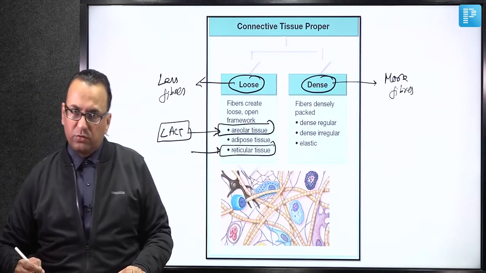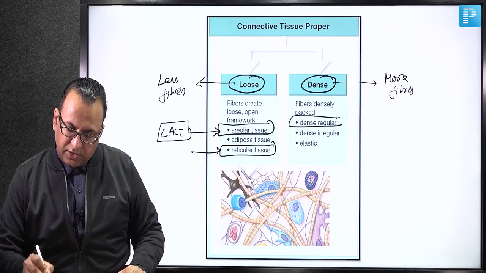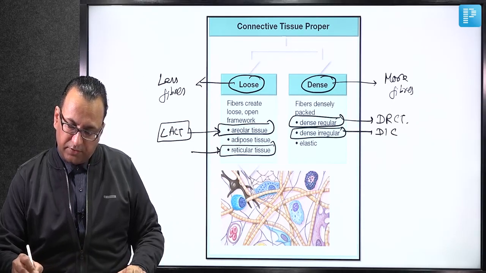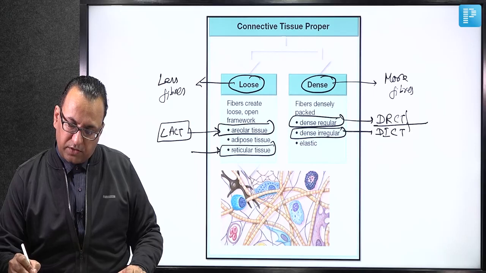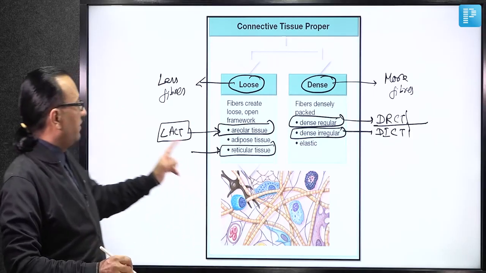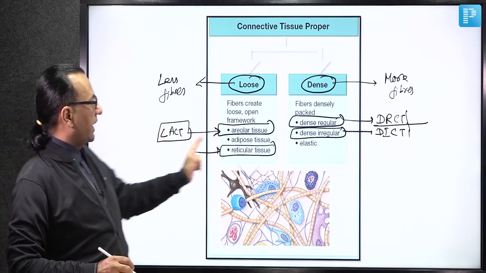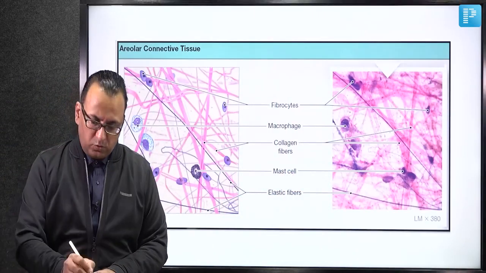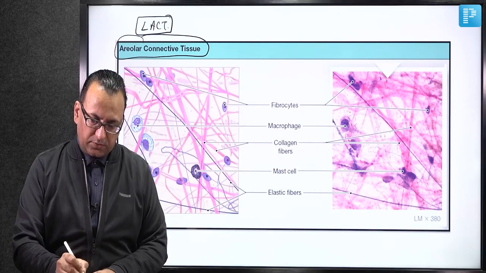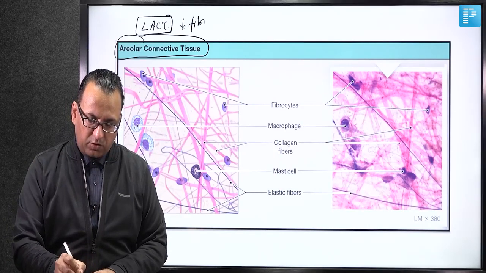There you can remember two: dense regular connective tissue and dense irregular connective tissue. Now let us proceed further with their diagrammatic representation. We are starting with the very first, loose areolar connective tissue. Here we find the loose areolar connective tissue, where we will see fewer fibers and more cells.